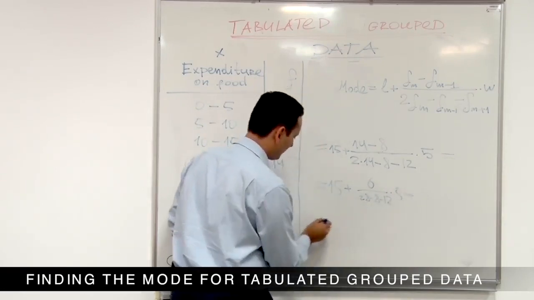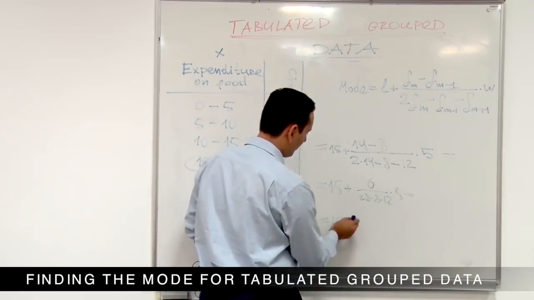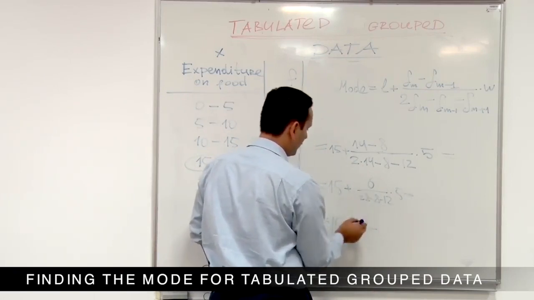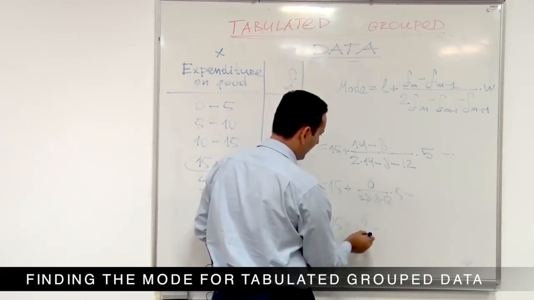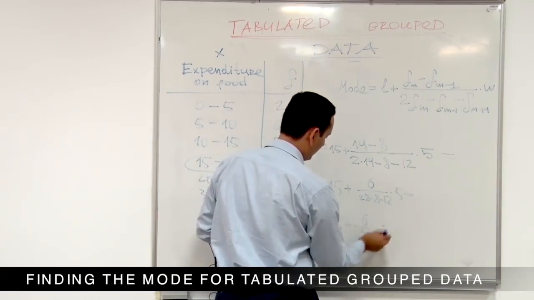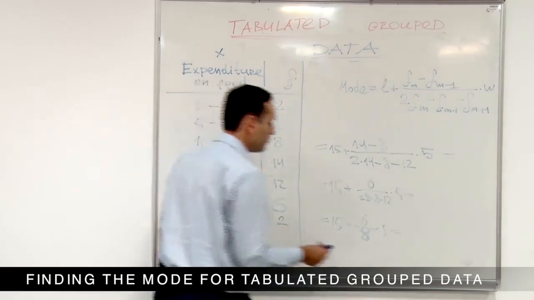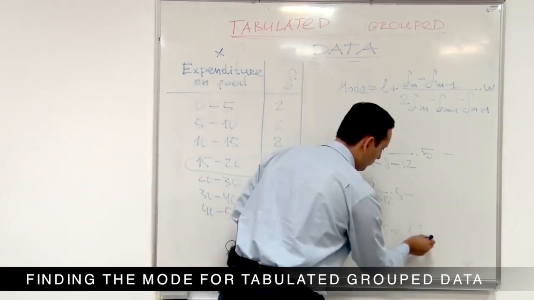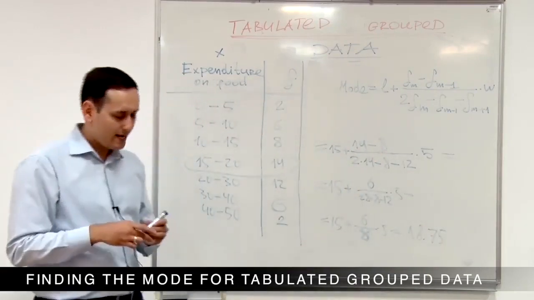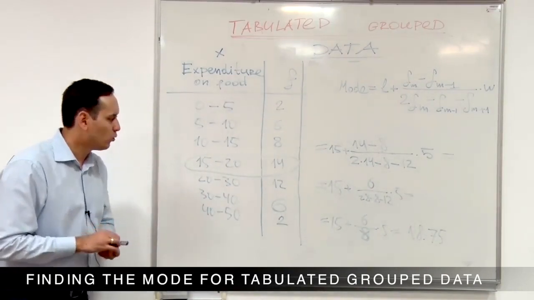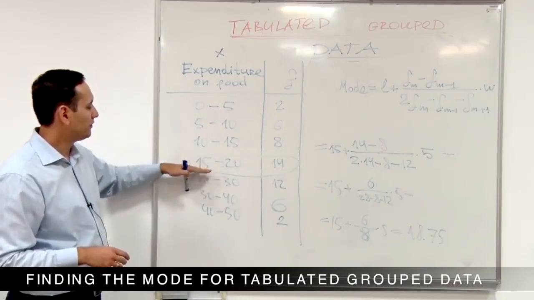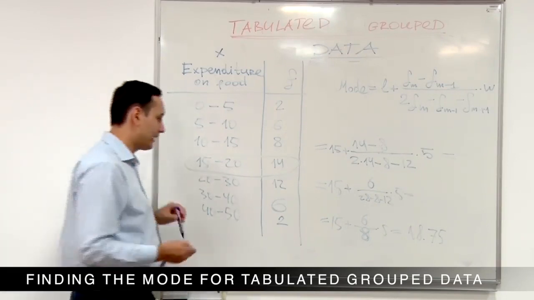You're going to get 15 plus 6, 20, 8, 5, and the final answer is going to be 18.75 pounds. As you can see, the mode sits in this modal group from 15 to 20, and it's exactly 18.75.